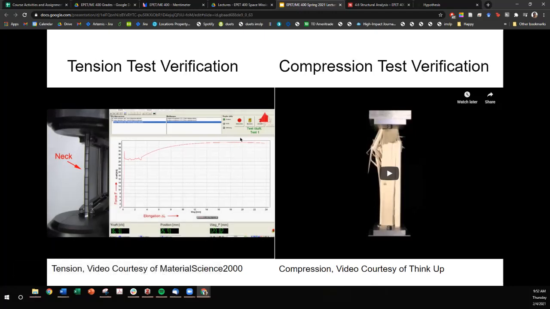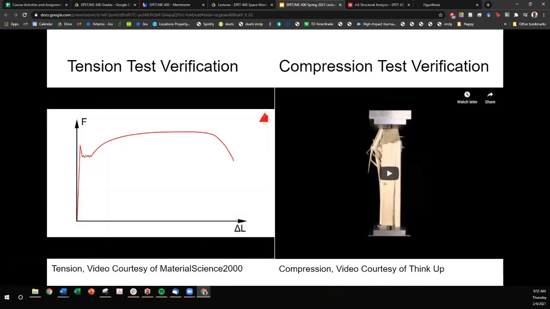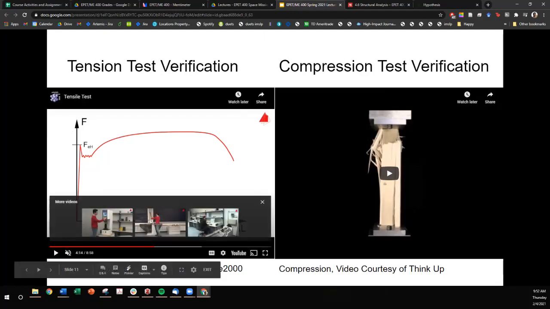Yield and the ultimate strength are quite far apart. Actually, no, that's not a good analysis. I would say that the reason for this really long elongation is because the material is ductile. Anyway, failure just happened where you suddenly see zero load applied because the component is no longer connected to each other. Okay, so that was axial tension loading.